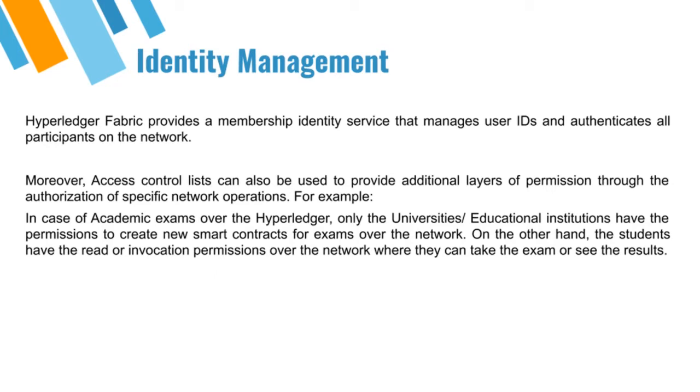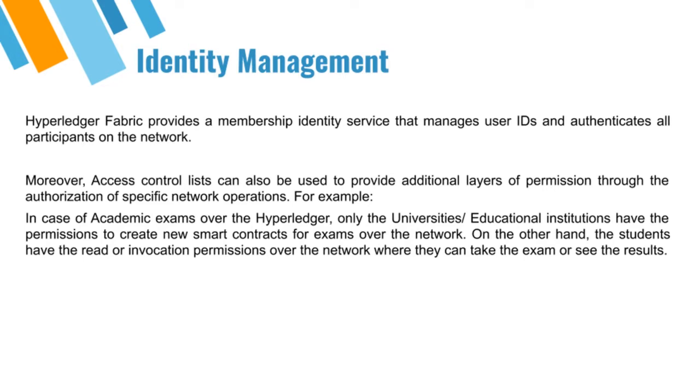For example, you have a case about academic exams for universities or educational institutes. Only the universities or educational institutes will have the permission to create a new smart contract which can act as an exam over the network. On the other hand, the students can only read or invoke over the network.